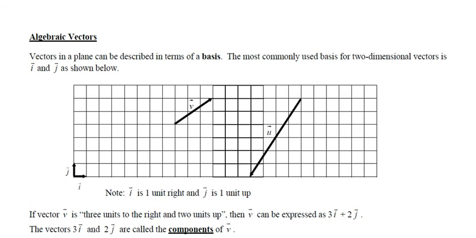Note that the basis vector i is 1 unit to the right, and the basis vector j is 1 unit up. If vector v is 3 units to the right and 2 units up, it can be expressed as 3i plus 2j. The vectors 3i and 2j are called the components of v.